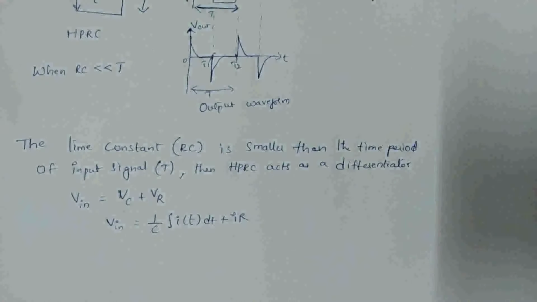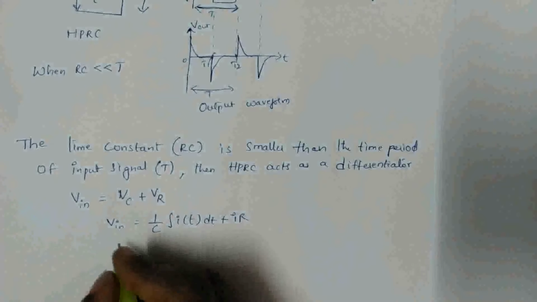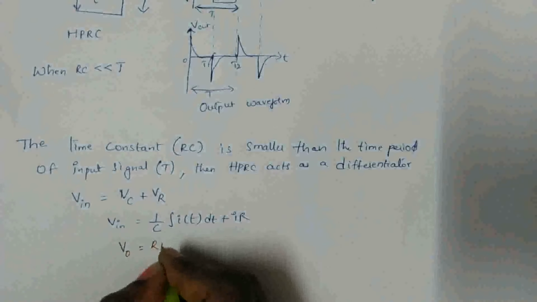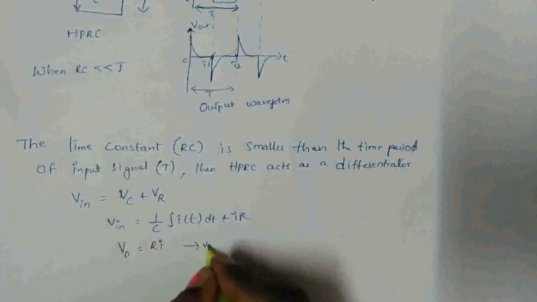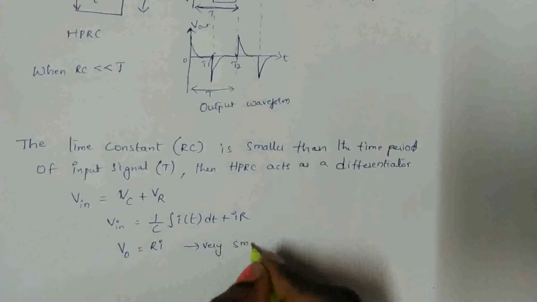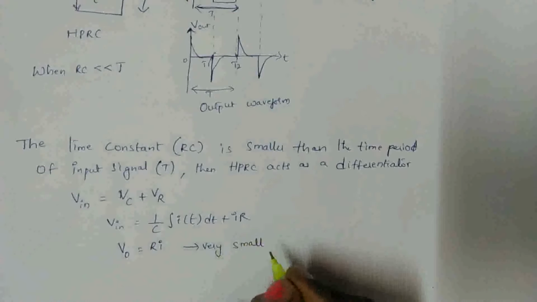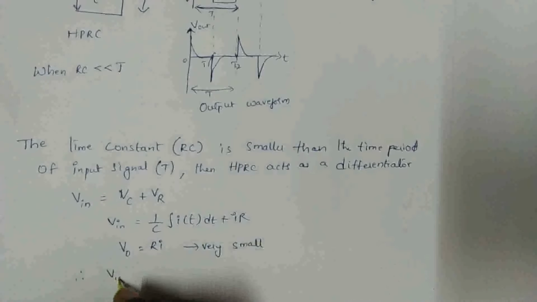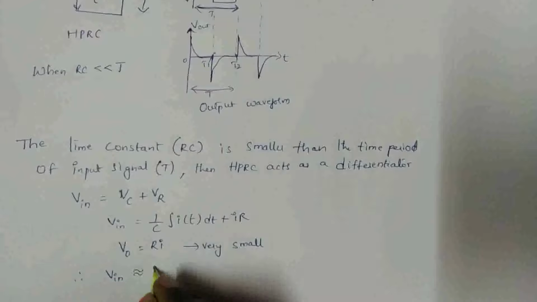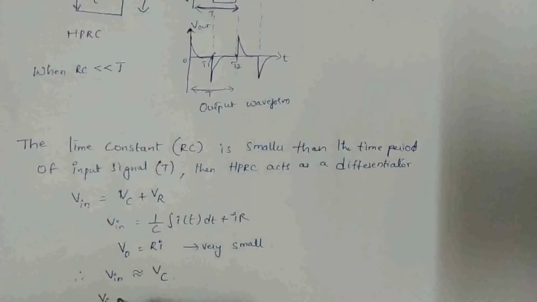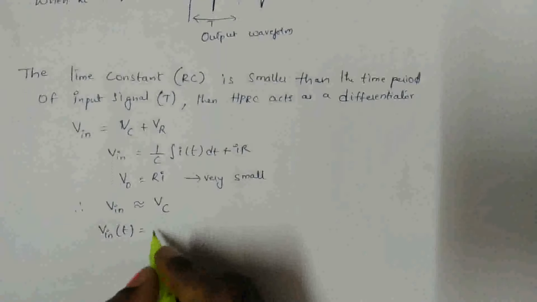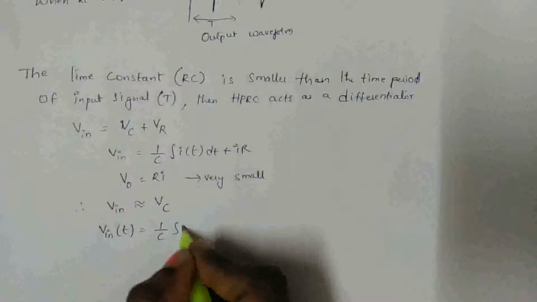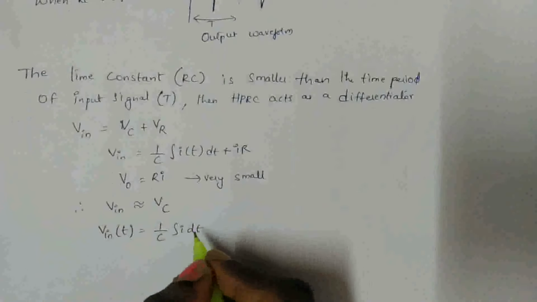Okay, so this is the input equation, whereas the output V output equals R into I, which is very small, so we can neglect this voltage. So the V input is almost the voltage across the capacitor. So V input of t equals 1/C integral of i(t) dt.